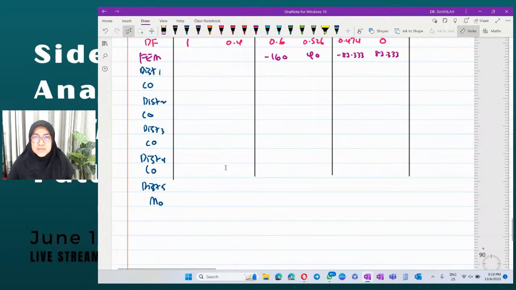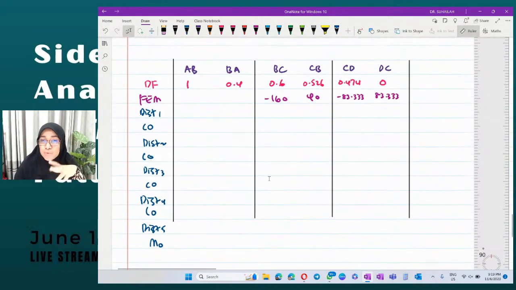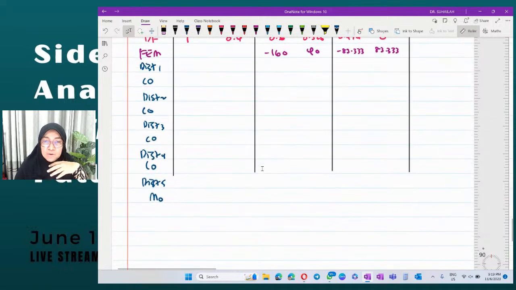Okay, in order to do this, I want you to calculate manually, but I want to calculate this value using Excel, and later on you can check the value of M naught using manual calculation. So I open Excel.